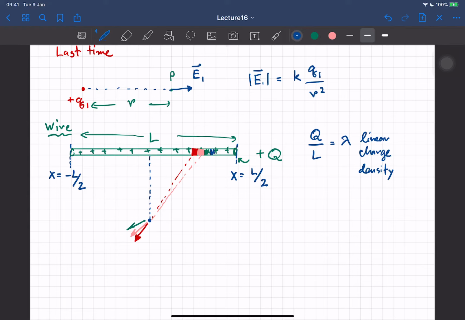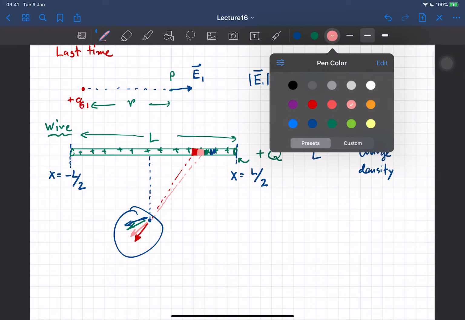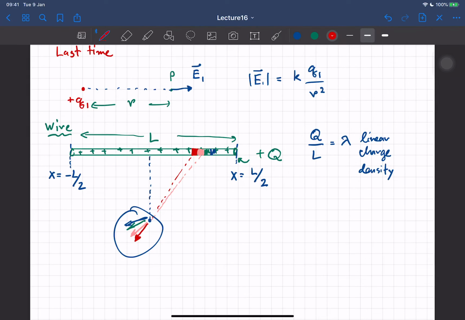Keep on adding, right? So in the end, you just have to add all the electric field from every section on the wire. And in the end, you're going to have the total electric field. So you see, this is something that we do without thinking too much about it. But it's actually based on the superposition principle that we discussed last time.